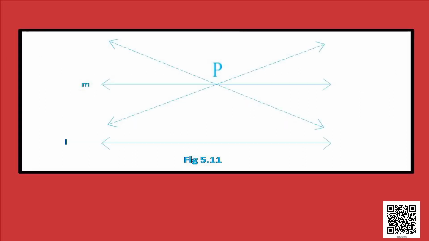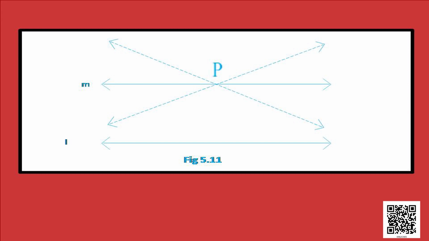As you can see in the diagram given in your book, of all the lines passing through the point P, there is a line M which is parallel to L, because that line is passing through P and it is unique.